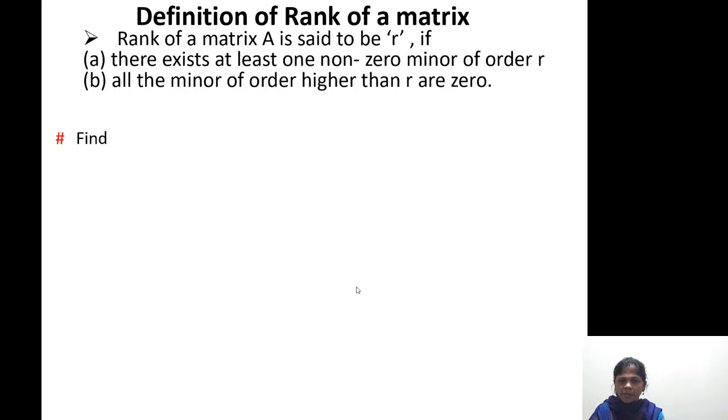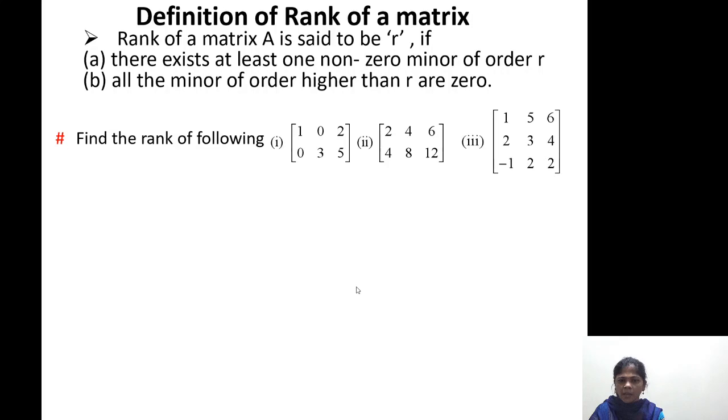So using this definition, let us find the rank of the following matrices. Let us take the first one. Let A be the matrix 1 0 2, 0 3 5.